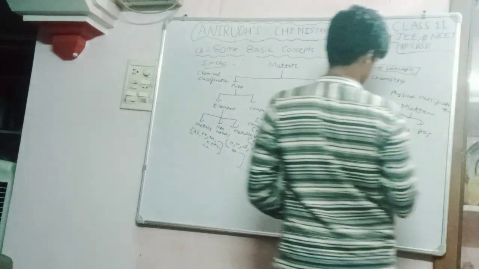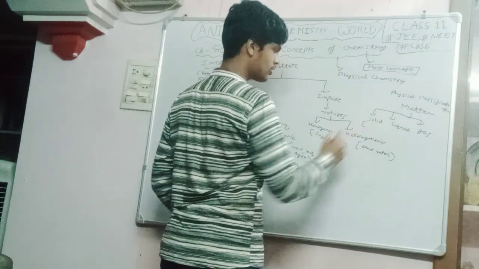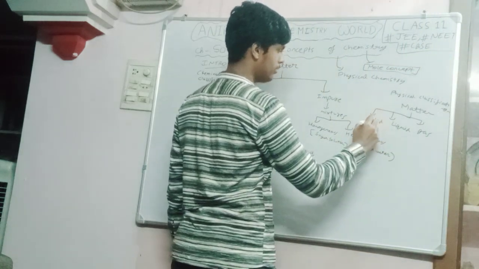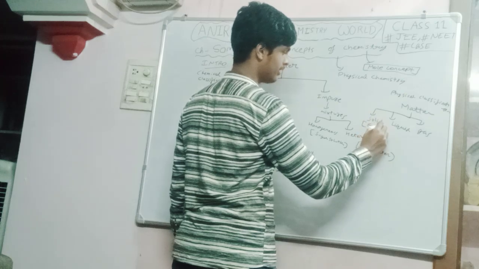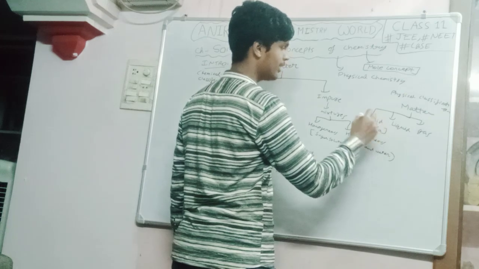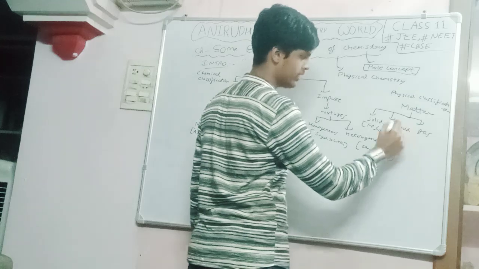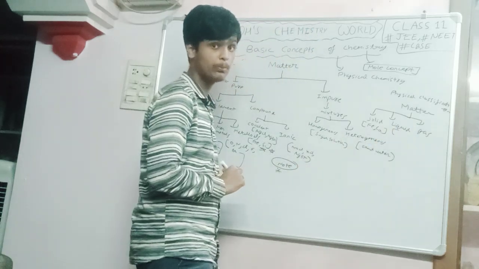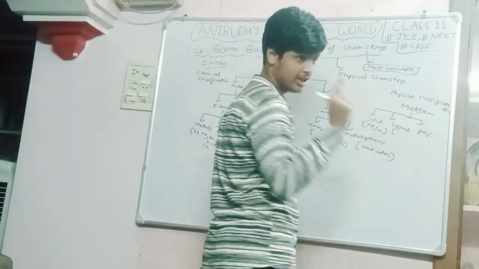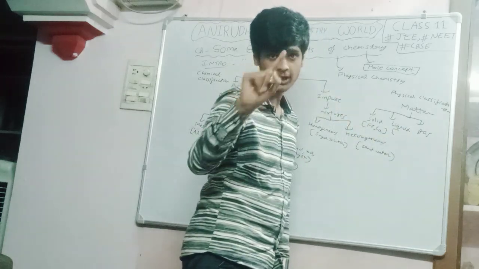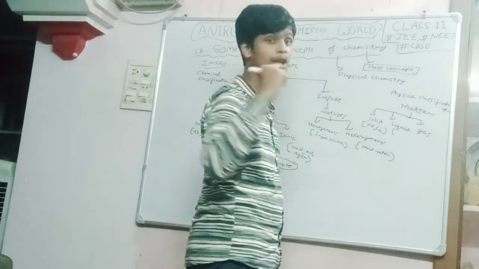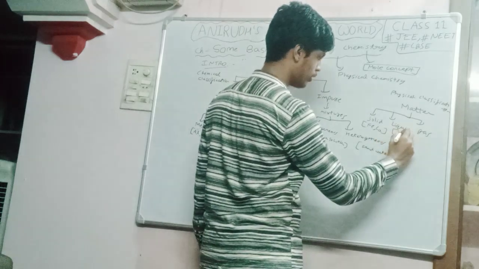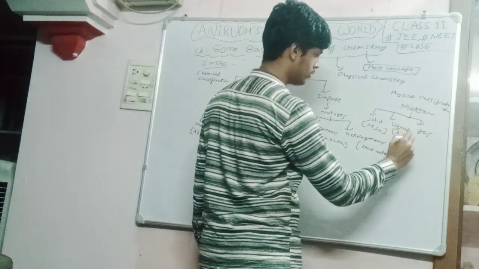You just note on this. I'll write the examples also. In solid, you will be having iron, which is solid. Calcium is solid. These are solid at room temperature. In liquid, you will be having the example of liquid bromine. There is only one non-metal which is liquid. That is bromine, Br2. It's very important.